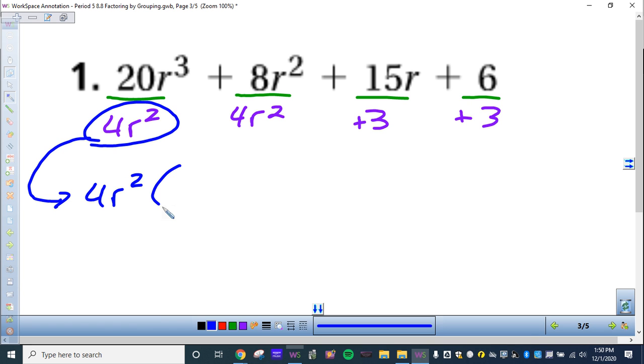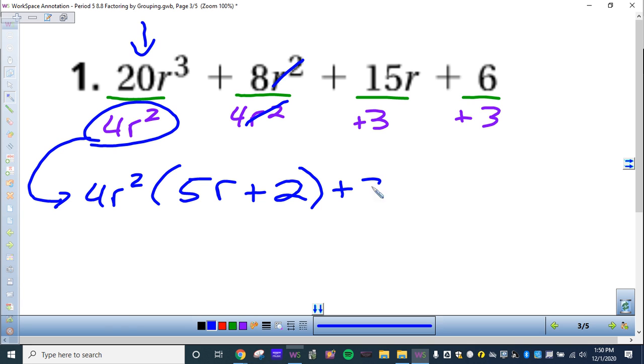And when I divide this first fraction, 20 divided by 4 is 5. 3r's divided by 2r's has 1 r left. The r squareds cancel on the second fraction. 8 divided by 4 is 2. So just remember, you guys, you've got to have 5r plus 2 as your second parenthesis over here.